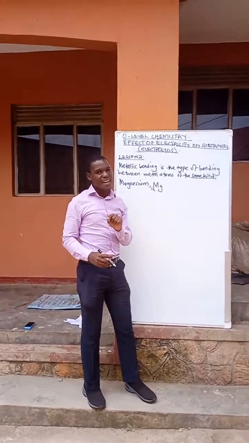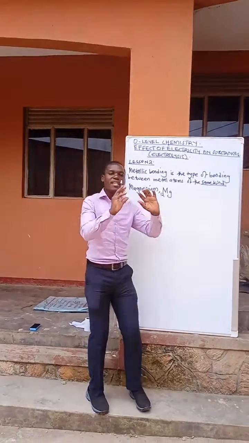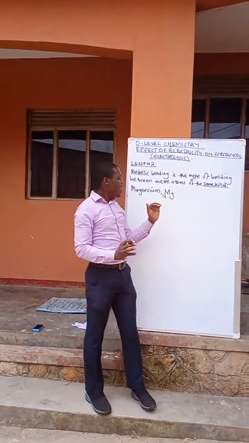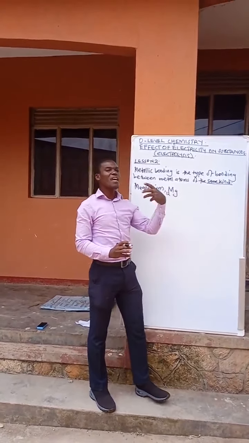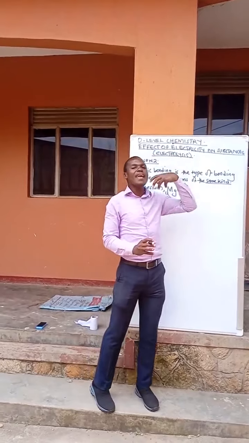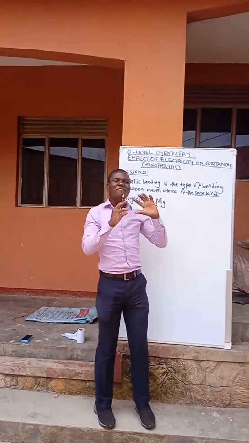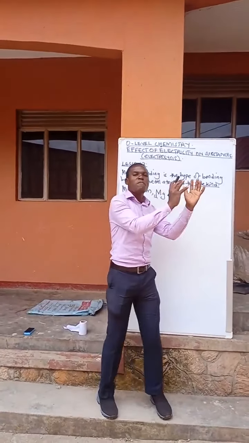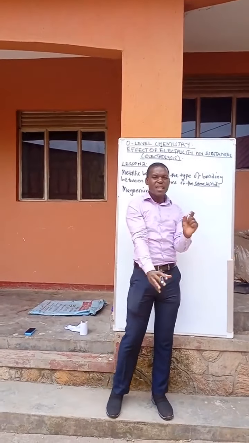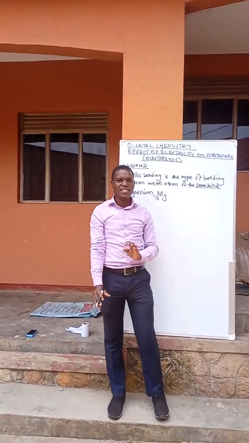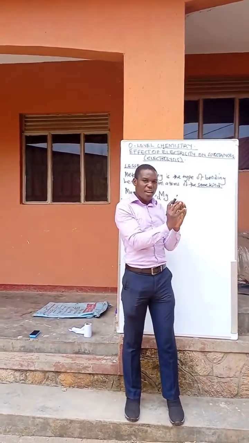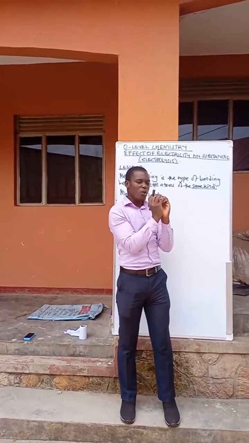Now, if we have magnesium, it's a metal. It is an element. You understand? Yes. Now, by the time we call it an element, it means that very many atoms have combined together to form that magnesium element. This is one thing you must learn from teacher Matthias, that it is the atoms that combine together. The metal atoms bond together.